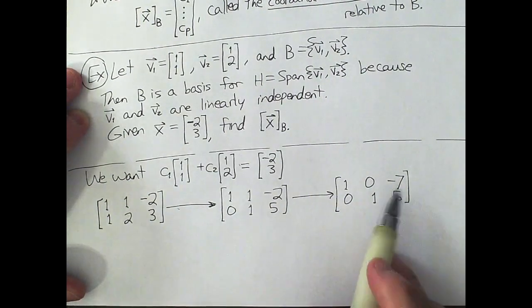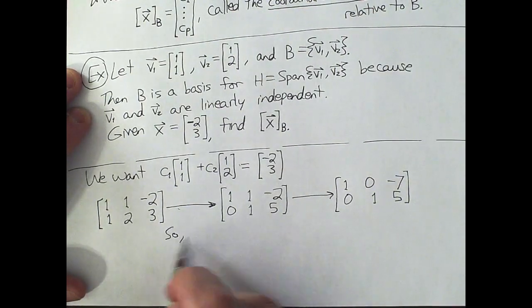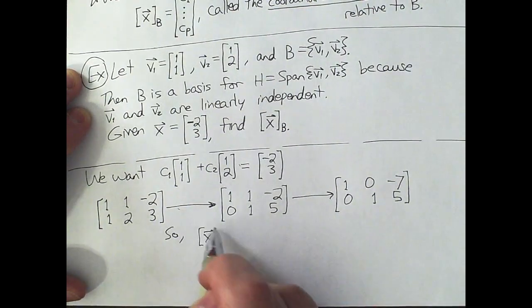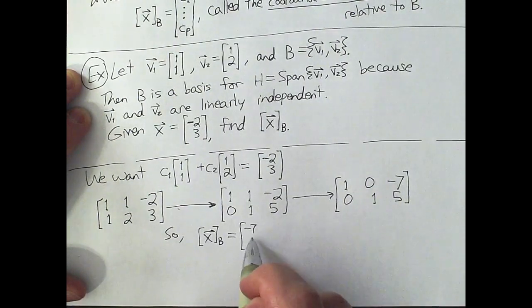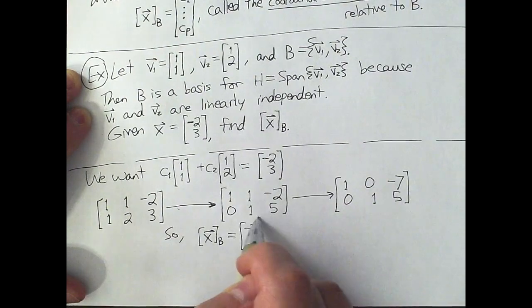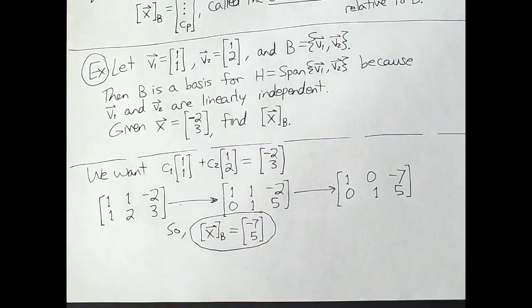So c1 is -7, and c2 is 5. So we are claiming that the coordinate vector is (-7, 5). c1 and c2 were the unknowns in that system, and we solved for them.